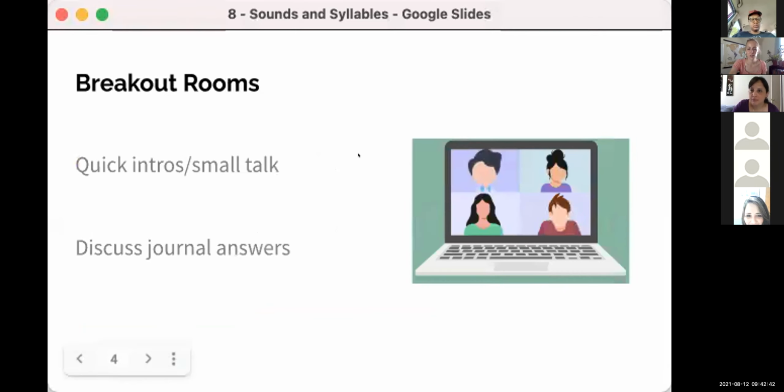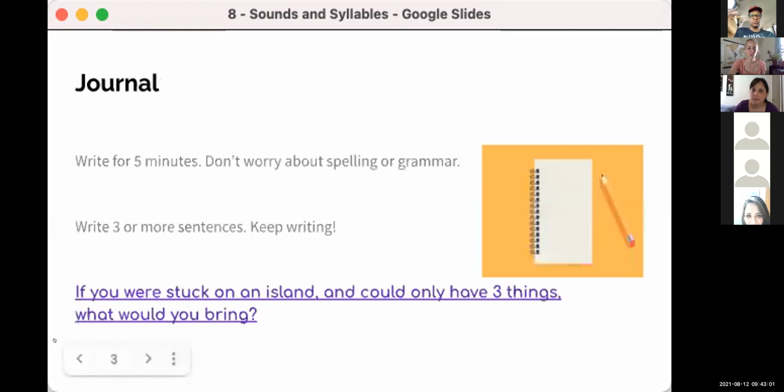Answer this question, have a little bit of small talk and conversation practice while we're waiting. We're not waiting for anything. This is what we're here for. We'll do this for about, I don't know, six minutes or so. Deba, we're talking about the question, if you were stuck on an island and could only have 3 things, what would you bring with you on that island?